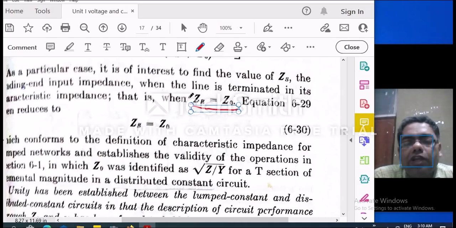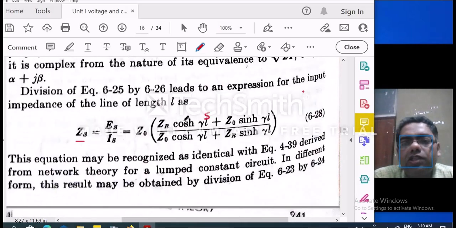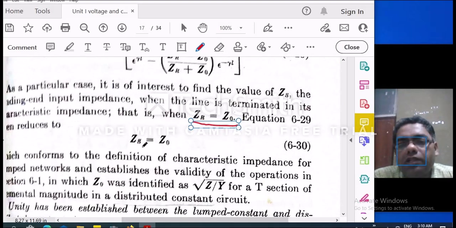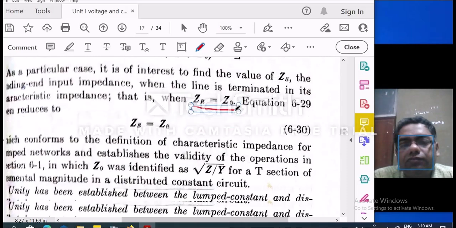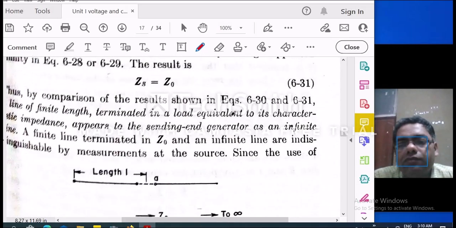When you put ZR equal to Z0 in this equation, you will see that what is inside the bracket, the numerator, becomes the same as the denominator, and you will get the input impedance equal to Z0. That means the line is totally matched. Z is equal to Z0.